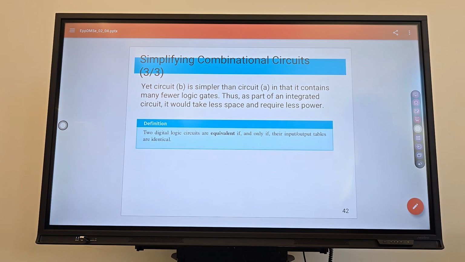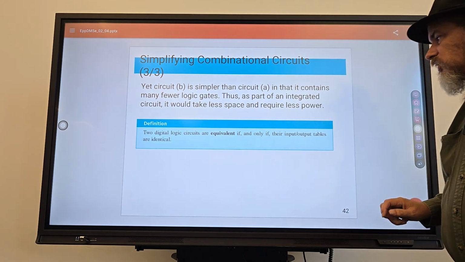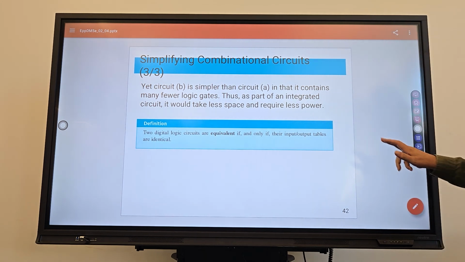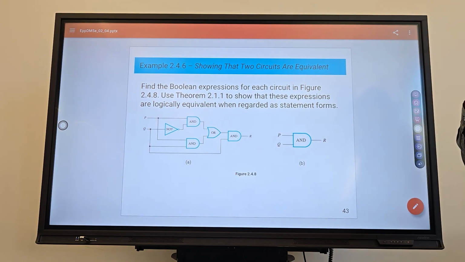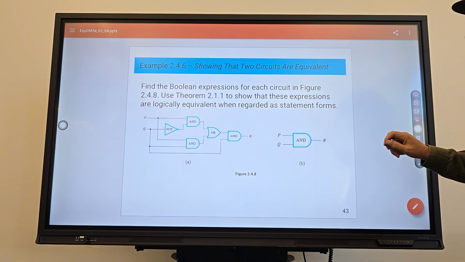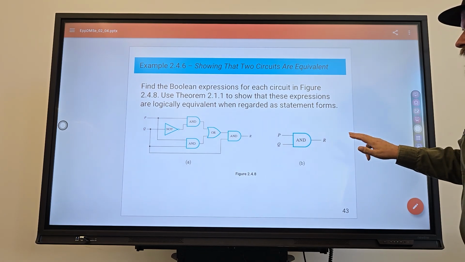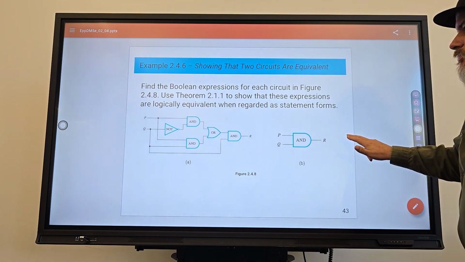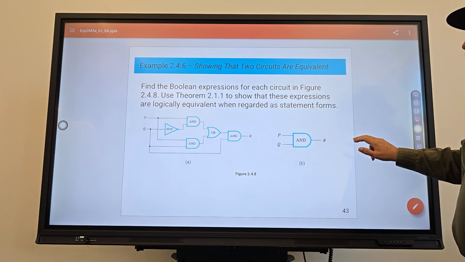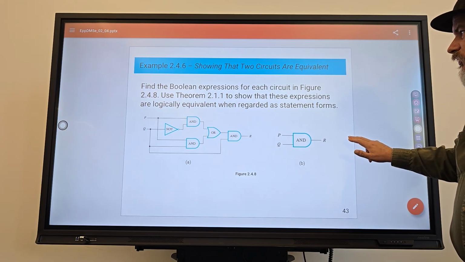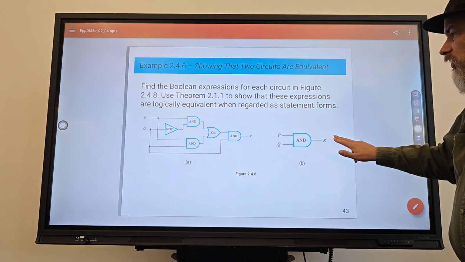Digital logic circuits are equivalent if and only if their input-output tables are identical. And this is the same type of thing here. Use theorem 2.1.1 to show that these expressions are logically equivalent when regarded as statement forms.